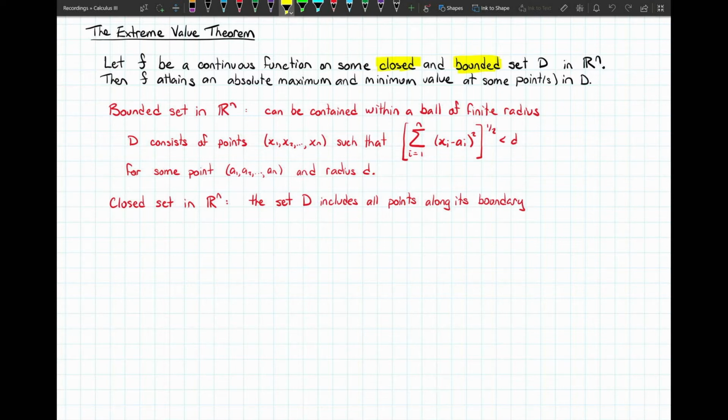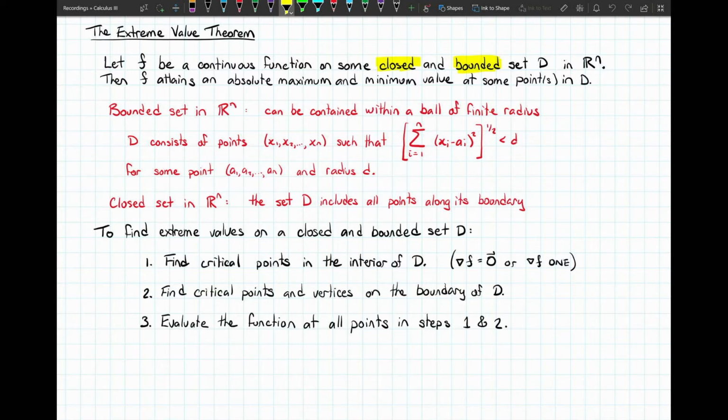Just like the closed interval method from single variable calculus, we have a very similar process here. To find extreme values on that closed and bounded set D, we're going to start by looking for critical points on the interior of that set. Critical points would be where the gradient is equal to the zero vector, or where the gradient of f is undefined, or does not exist.